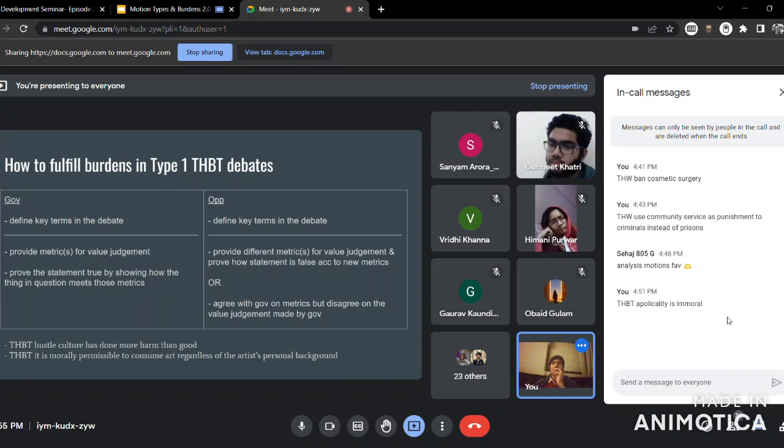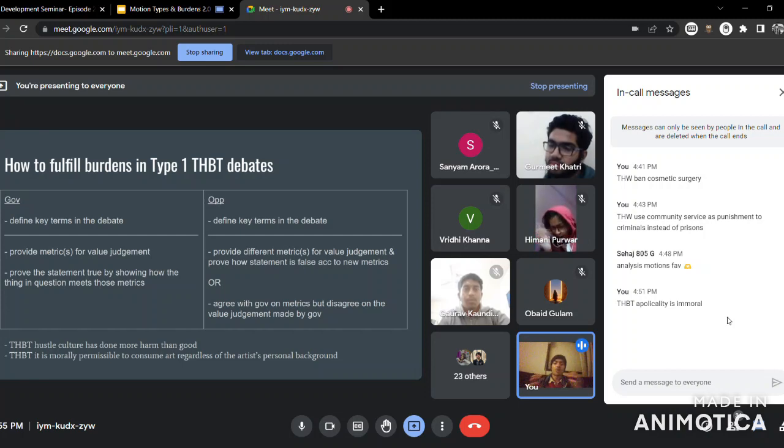So if the motion is this house believes that apoliticality is immoral, what I'll do is try to tell you how different teams can fulfill burdens in these debates. In that process, I'll probably make certain arguments in a short form. Don't focus too much on the arguments, or think that these are the best arguments in this motion.